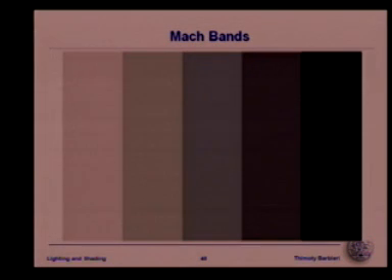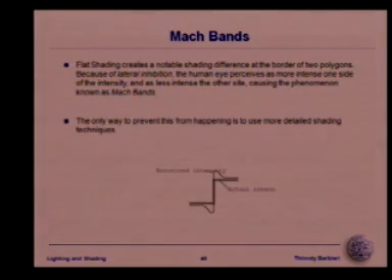If you don't believe me, go and take your sister's art book, and take some spaces of color paper with a marked difference and put them together, look at it, and you will see that Mach bands will be formed. Okay.